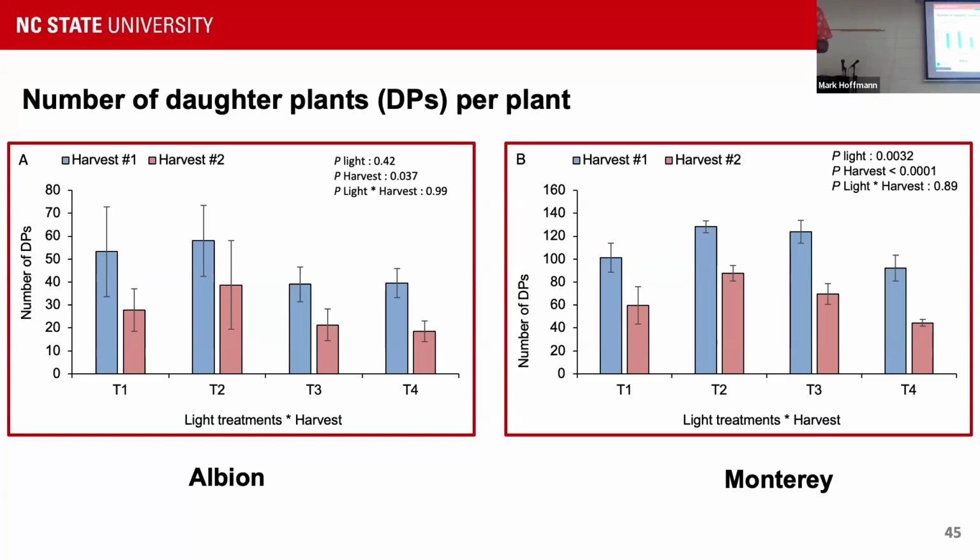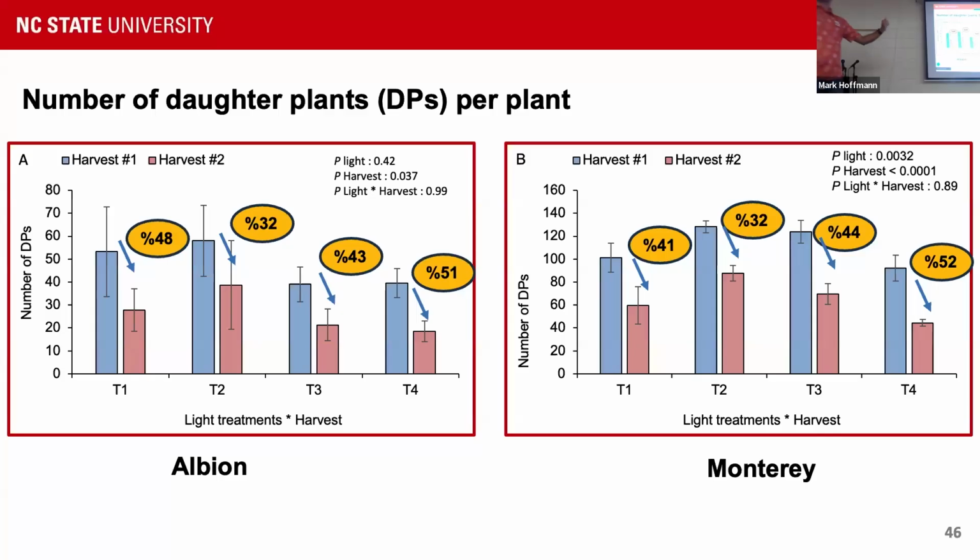And why did it drop? Would it be fair to say that it dropped because you keep them there for less time? That answer is here. We have 30% less time, but you can see a 48% drop, 32, 48, 51, and this is for Albion, that is for Monterey. So I put the percentages.